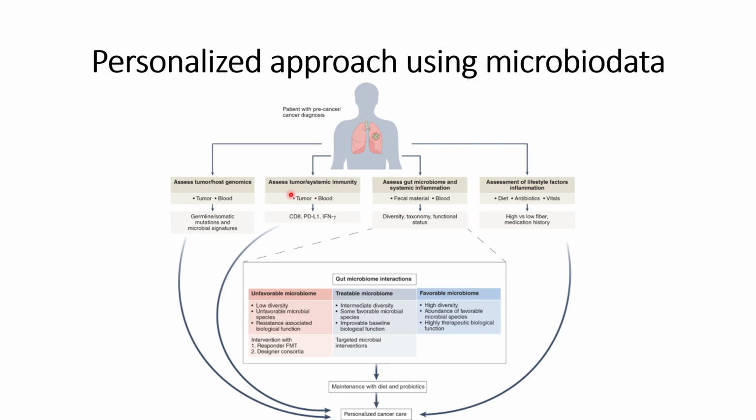Another thing that can be done is to assess their immunity, that is, we can take the tumors and blood and check what immune factors or immune-related conditions are present in them. For example, PDL1 is one of the immune checkpoint inhibitors, and it will suppress the immune cell response.